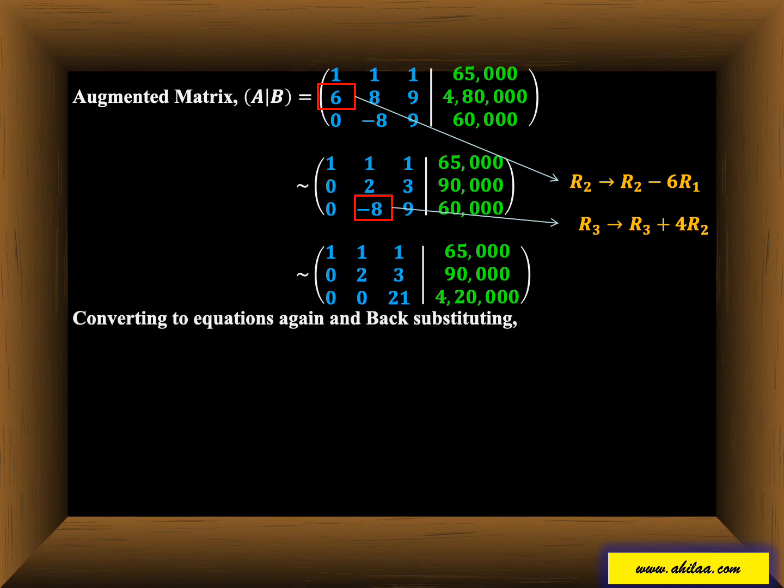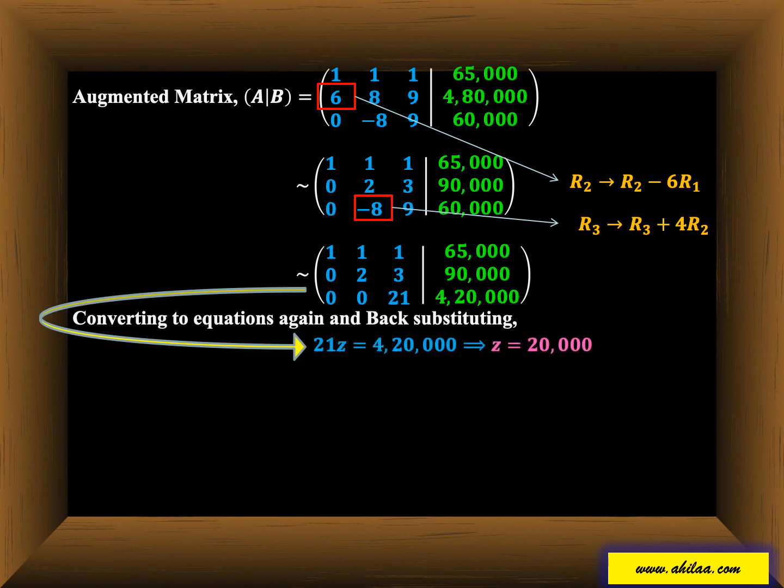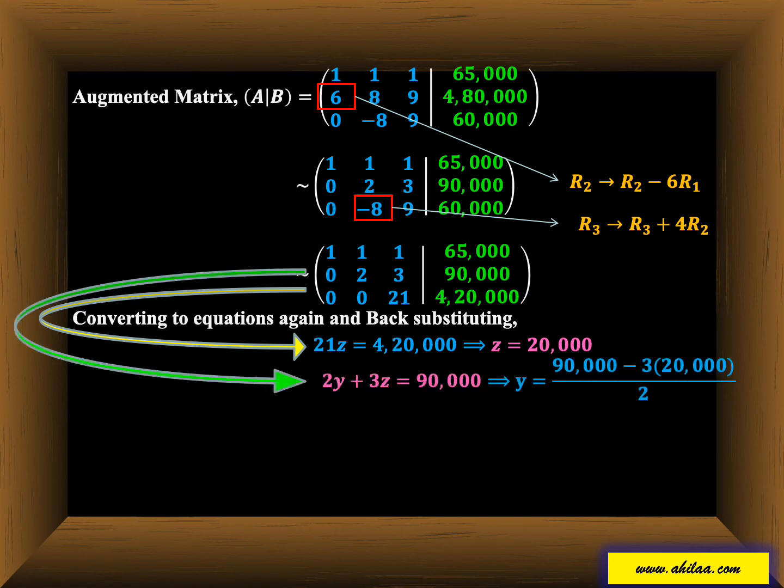Now converting to equations again and back substituting. From the third row, we are getting 21 z equal to 4,20,000. So z equal to, dividing by 21, we are getting 20,000. Next from second row, 2y plus 3z equal to 90,000. Substitute the value of z. So we are getting the value of y as 15,000.